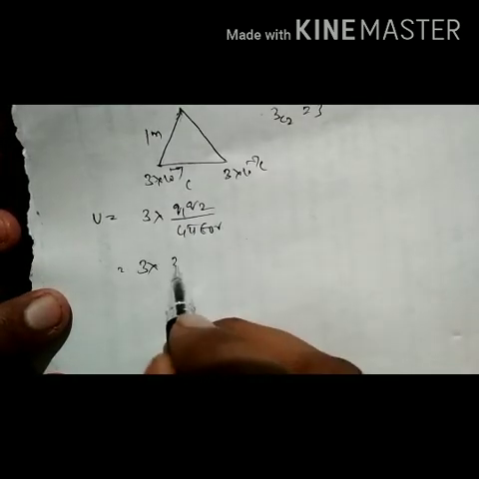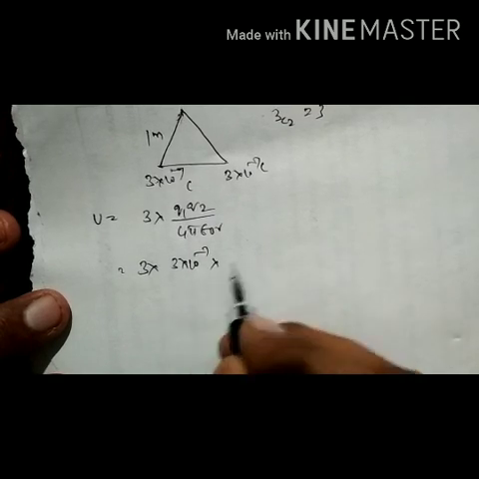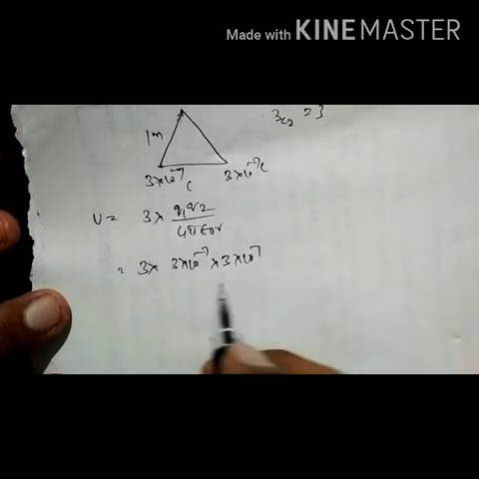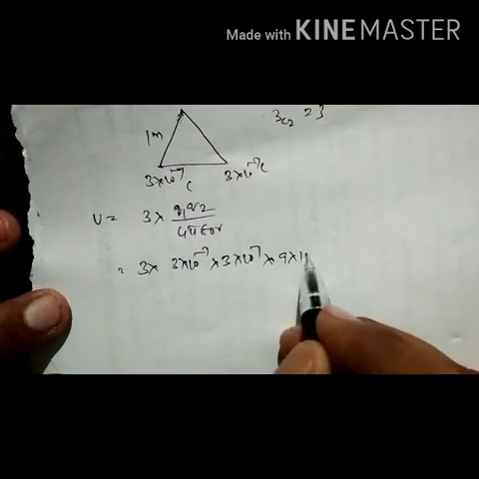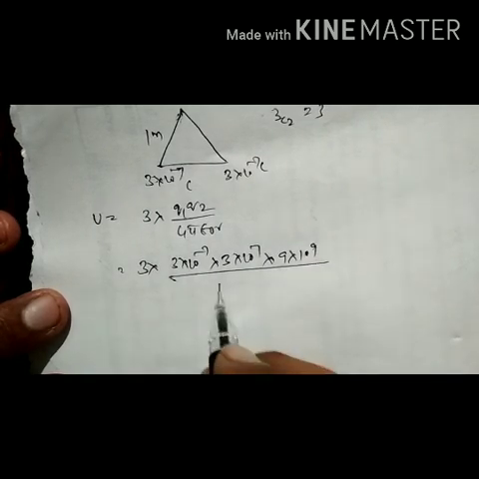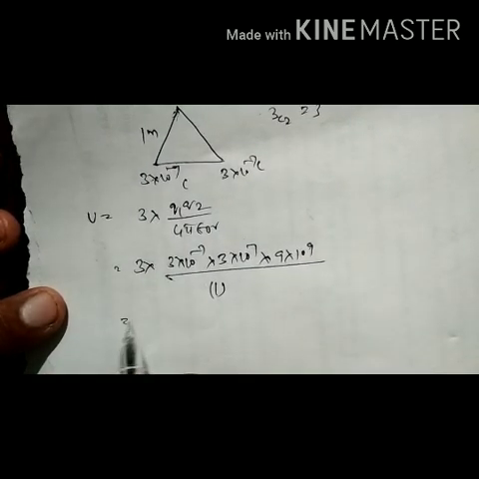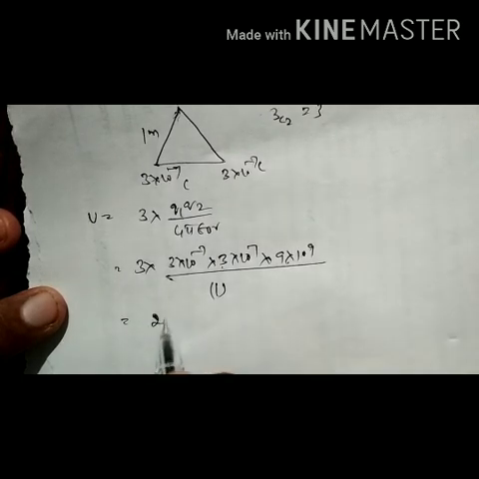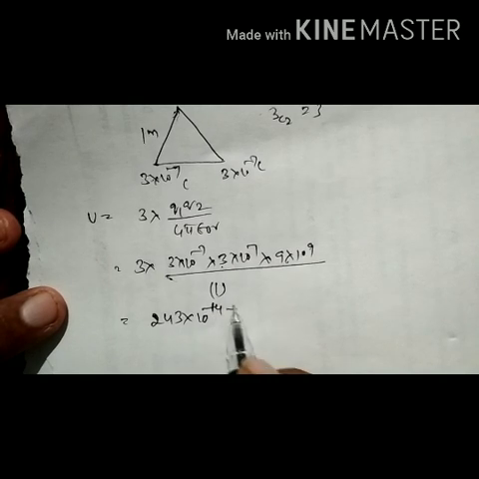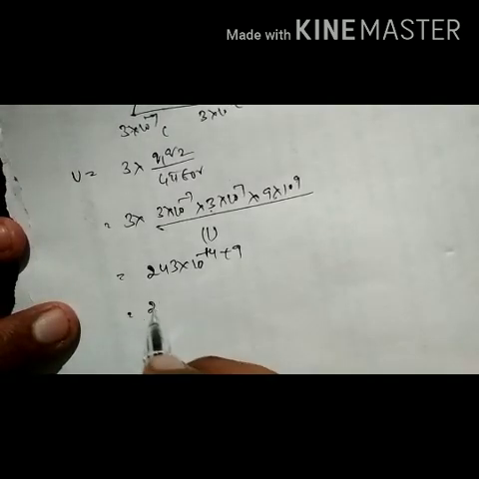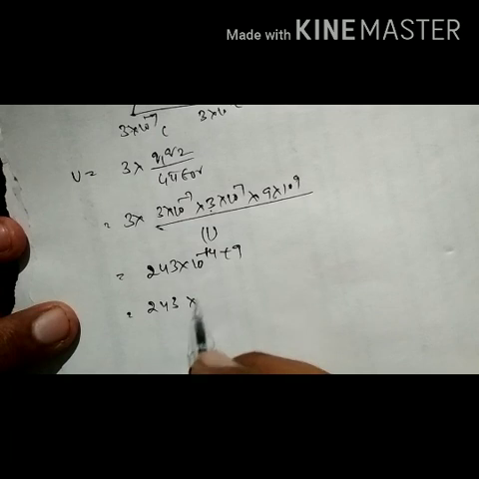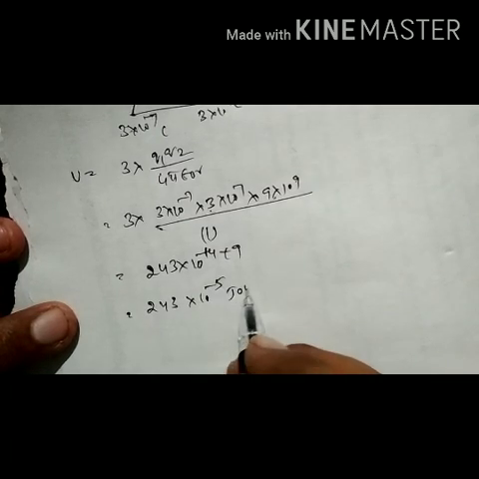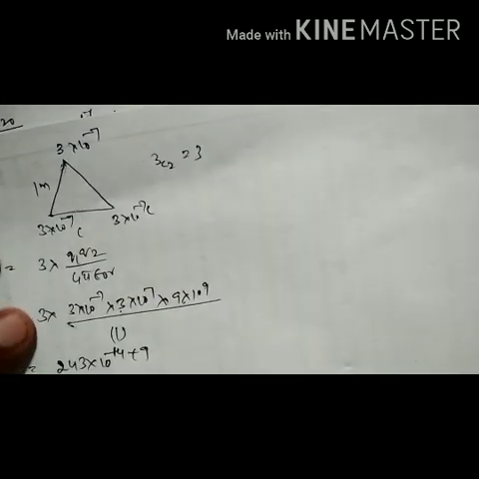Q1 is 3 into 10 to the power of minus 7, Q2 is 3 into 10 to the power of minus 7, 1 by 4 pi epsilon naught is 9 into 10 to the power of 9, and the distance is 1 meter. 3 3s are 9, 9 9s are 81, 243 into 10 to the power of minus 14 plus 9. So I can write 243 into 10 to the power of minus 5 joule. This is the potential energy of the system.